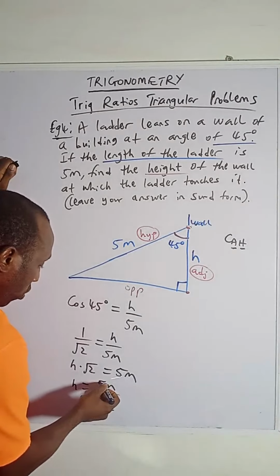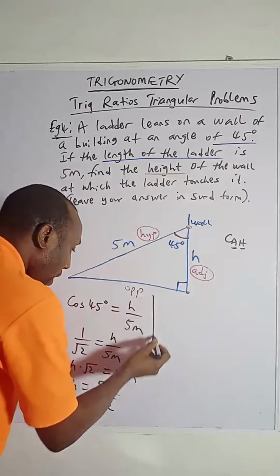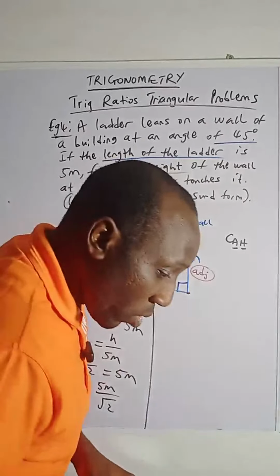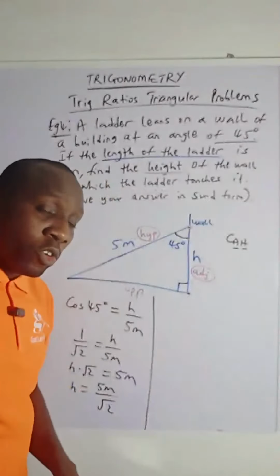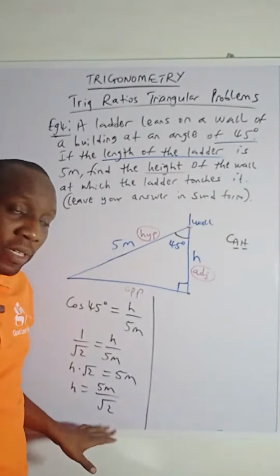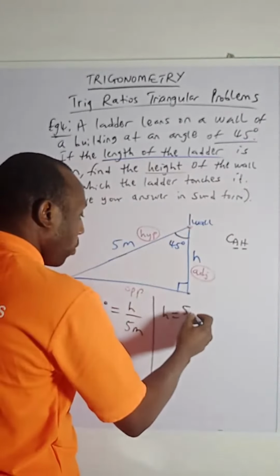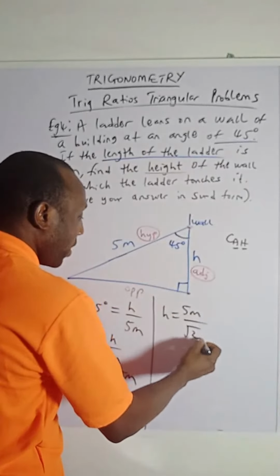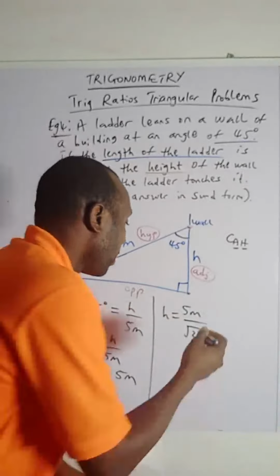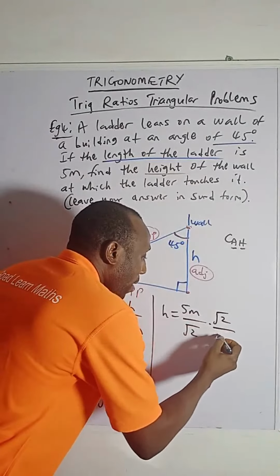But because we don't want to have an irrational term in the denominator, I am going to multiply the numerator and denominator by the denominator. We are rationalizing. So we have root 2 here, and root 2 here.